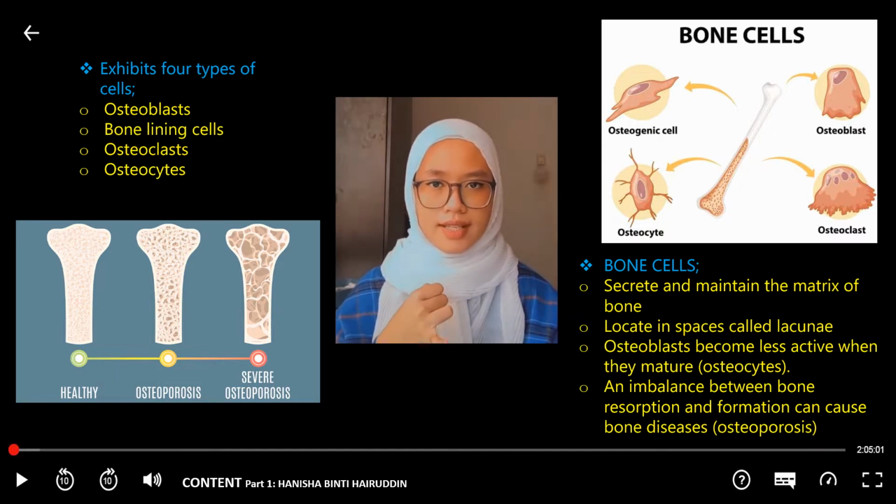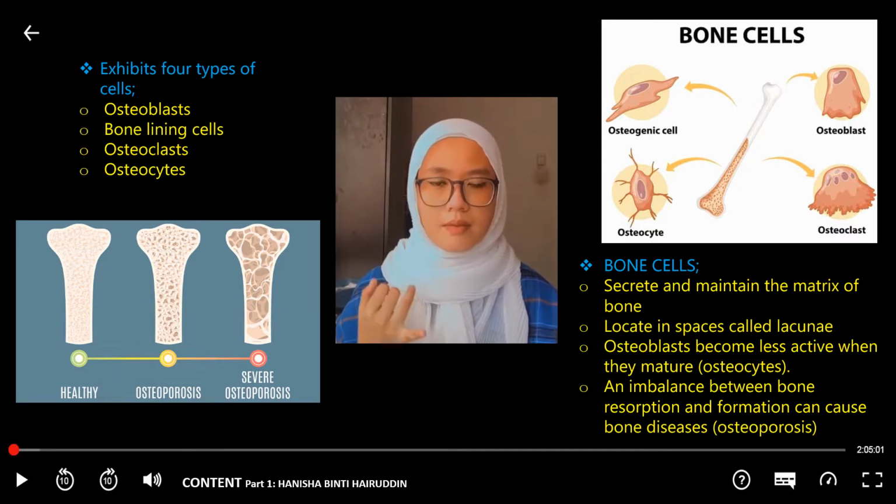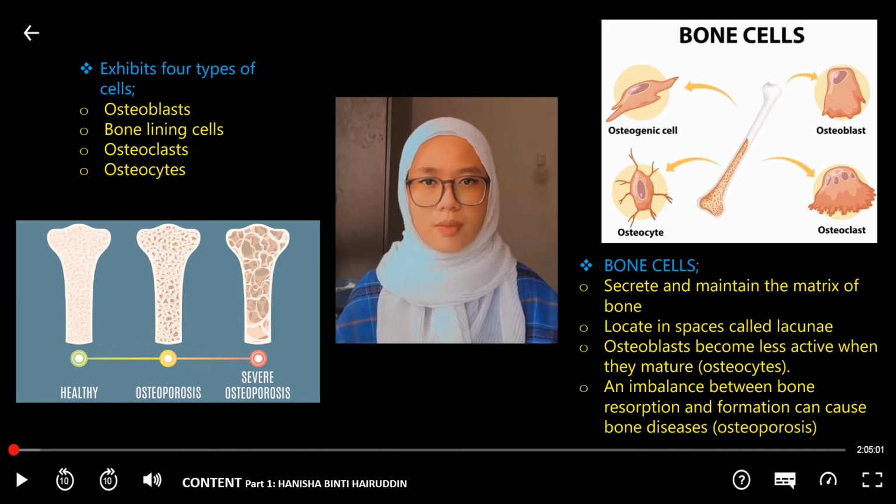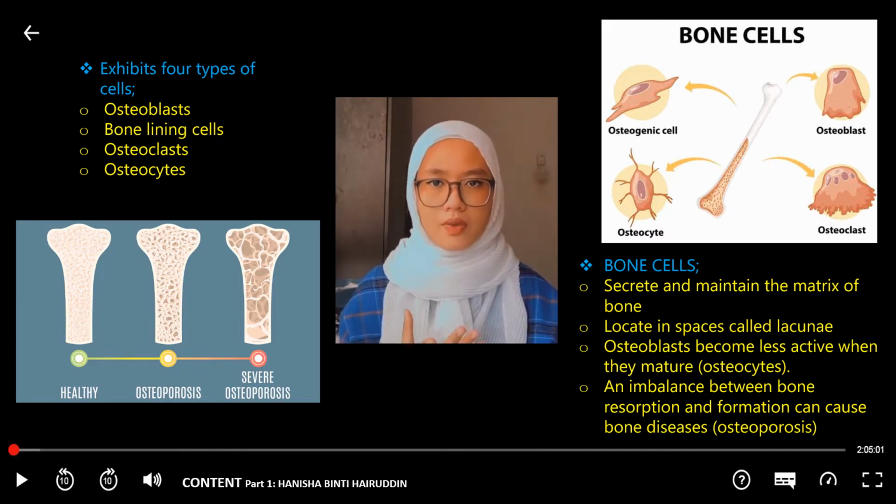The first one is they secrete and maintain the matrix of the bone. The second one is that they are located in spaces called lacunae. The third one is the osteoblasts will become less active when they mature, or osteocytes. The last one is that an imbalance between the bone resorption and bone formation can cause bone diseases such as osteoporosis.